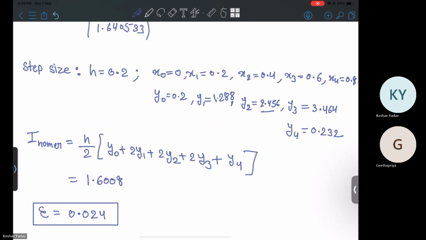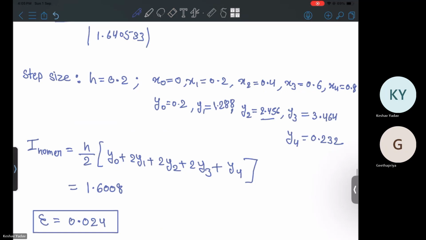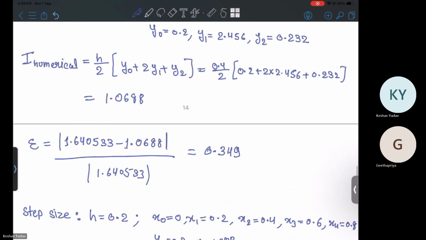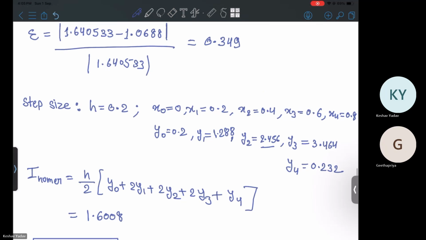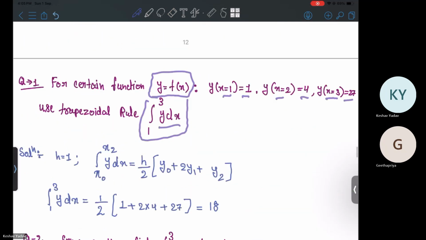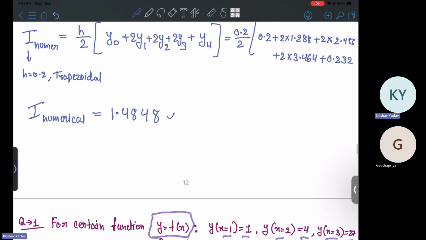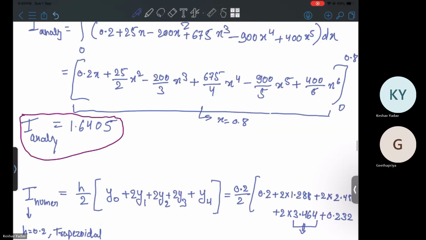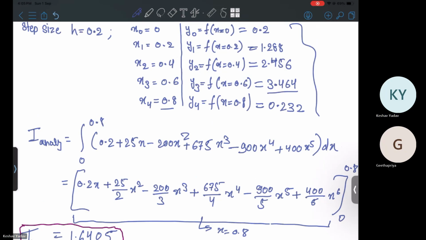Okay, so this is the value we are getting now. Please check whether the value I am getting is correct or not.